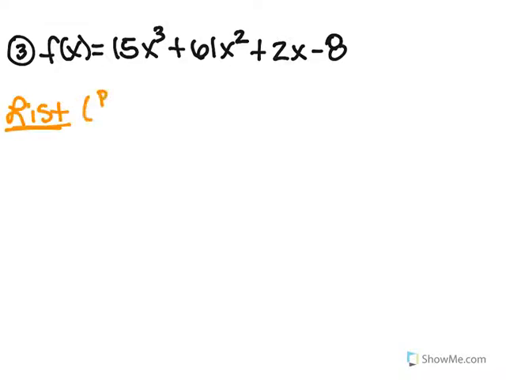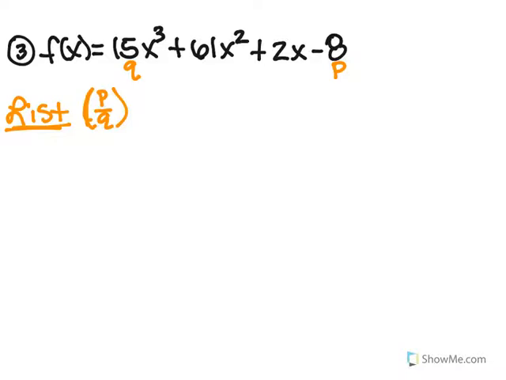I need to know my list of possible p's over q's. Okay? Now this time you have a p of 8 and you have a q of 15. So I've given you a number bigger than 1 for your q. So I want you to watch me as I generate this list, because you're going to be asked to give the list of possible zeros. That means the numbers that work, it wants to know the list.